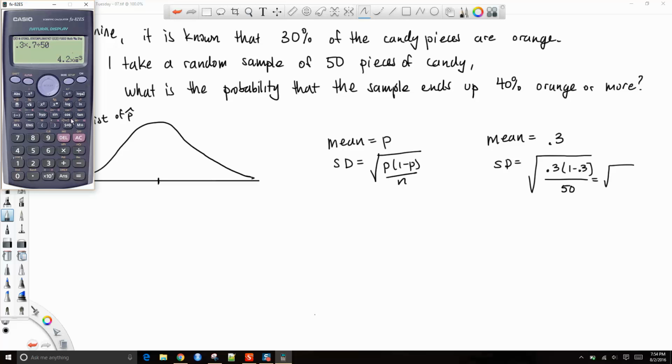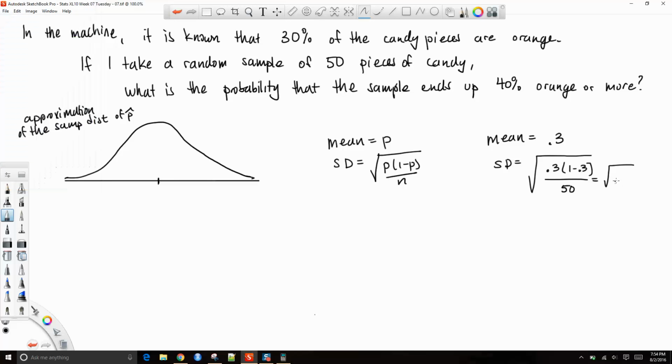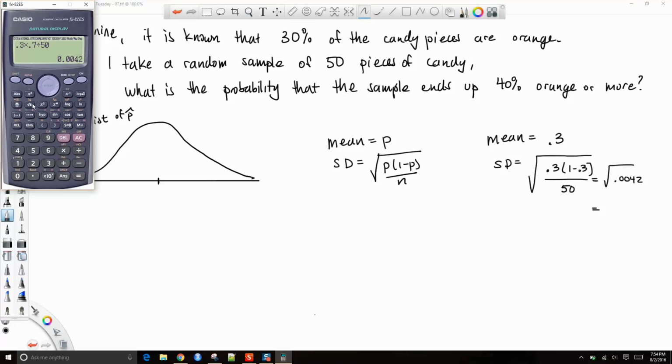So we're going to have the square root of 0.3 times 0.7 divided by 50. So we have the square root of 0.0042. So our standard deviation is going to be this ugly number, 0.06481.